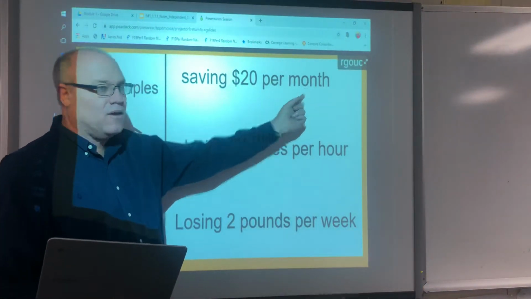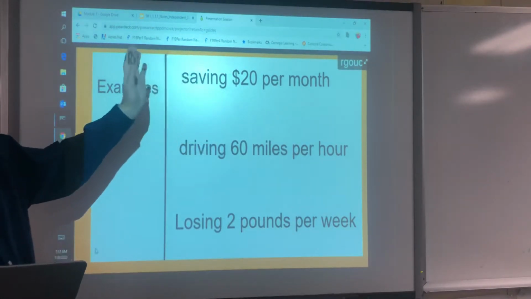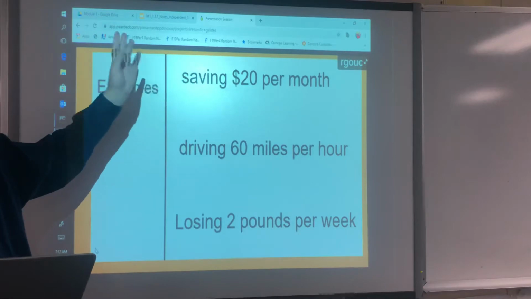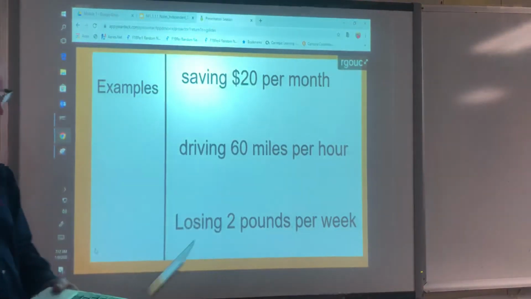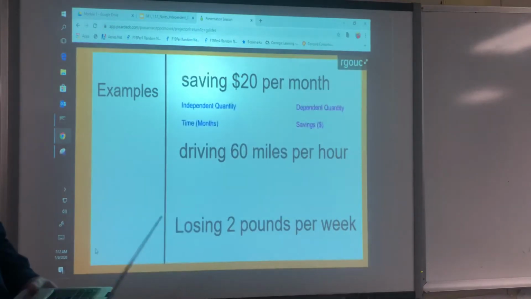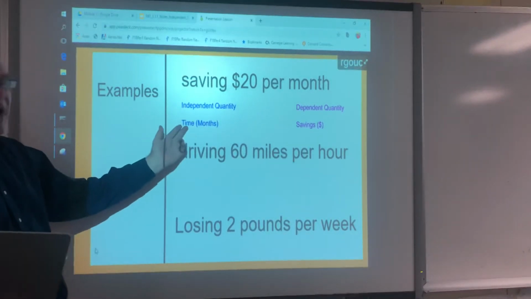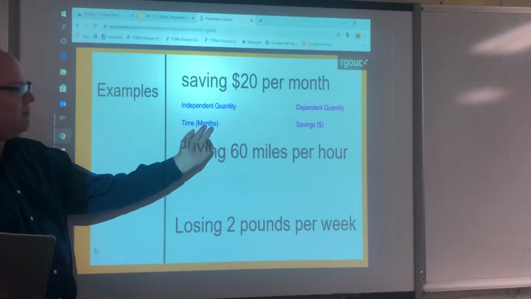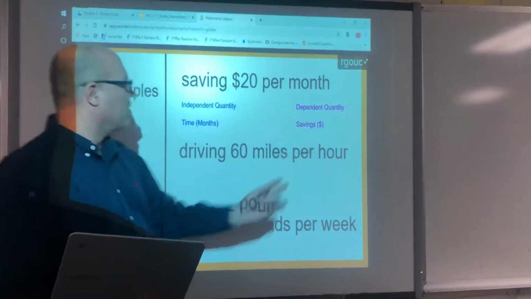Months. So now, does time depend on savings, or does your savings depend on time? That's right. Your savings is going to depend on time. So your independent quantity is time in months, and your dependent quantity is going to be your savings in dollars.